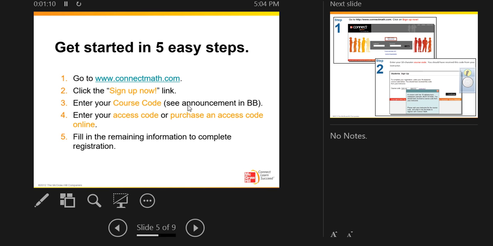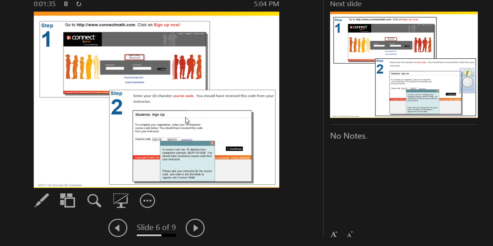We'll enter our course code. I'll show you that course code in just a minute. It's on our Blackboard home screen. You'll find that course code. You'll take your access code that you have gotten from the back of your book or from the card that you bought, or if you want to, you can purchase it right from this website. So here are the slides that you'll see. When you click that Connect Math page, you're going to sign up now.